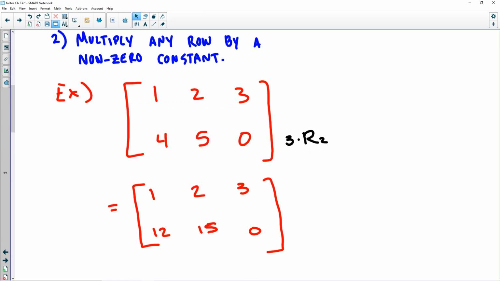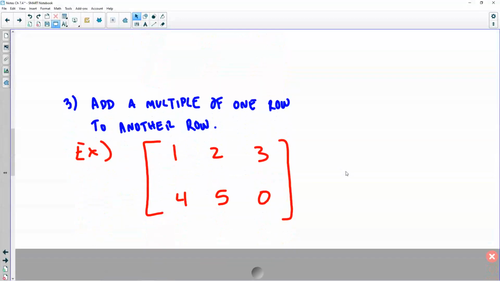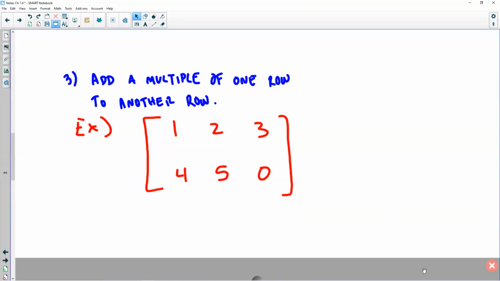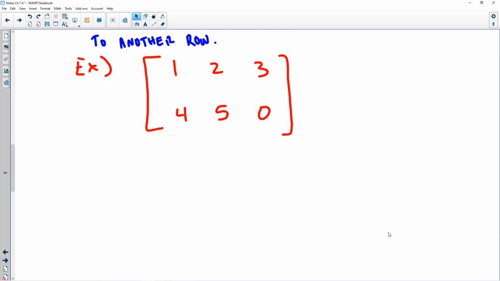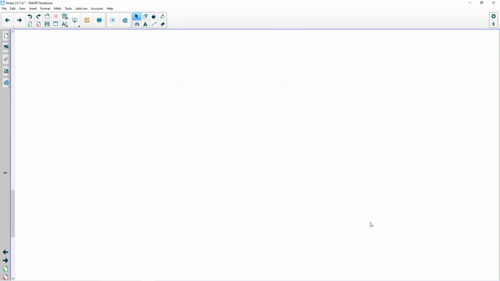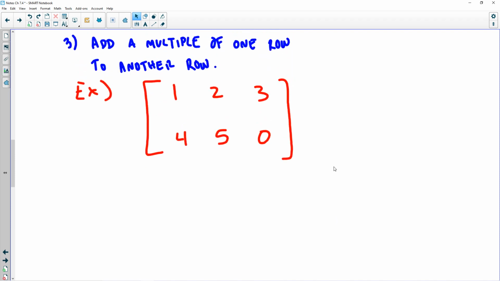Okay, and the last one is the most important one. So it's going to get the work done for a lot of us. The last one: we can add a multiple of one row to another row. So for example, we're going to add a multiple of row 1.